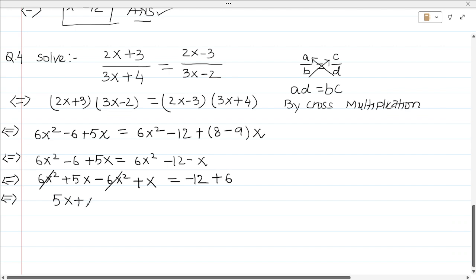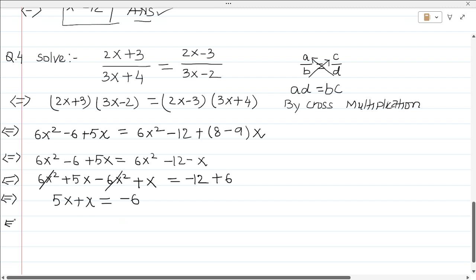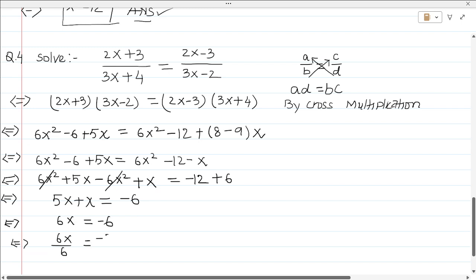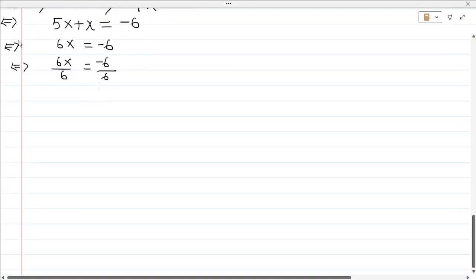So we are left with 5x plus x is equal to minus of 6 on the right hand side. Adding 5x with x, we get 6x is equal to minus 6. Now dividing both sides by 6, 6x upon 6 is equal to minus 6 upon 6.